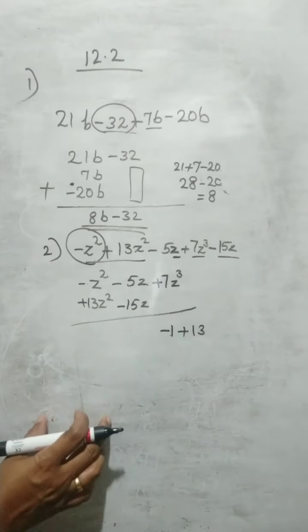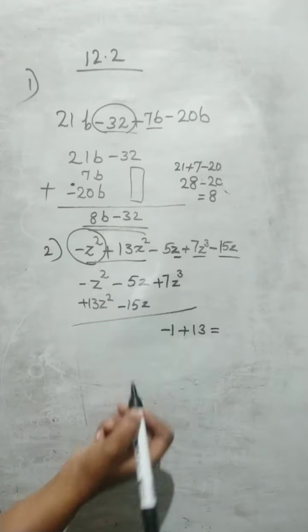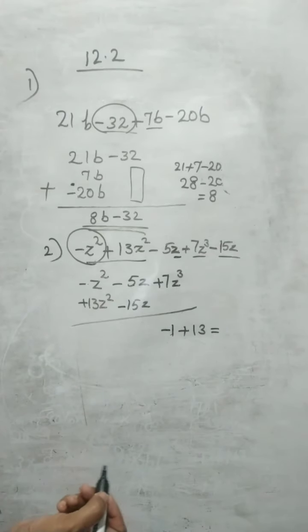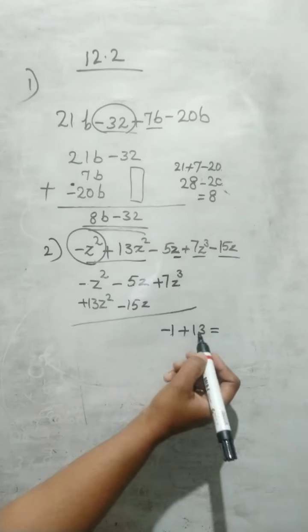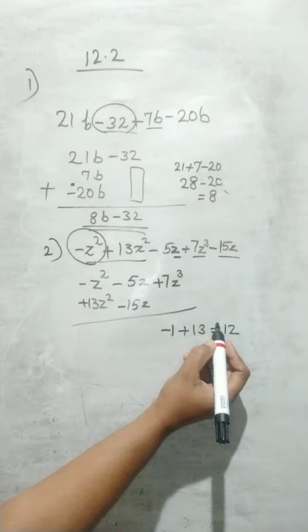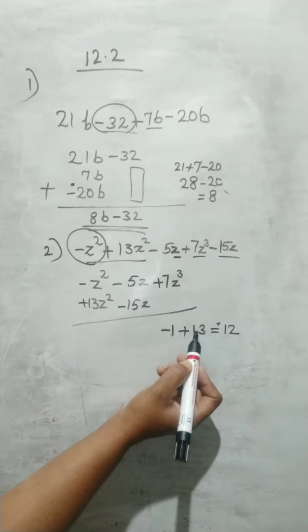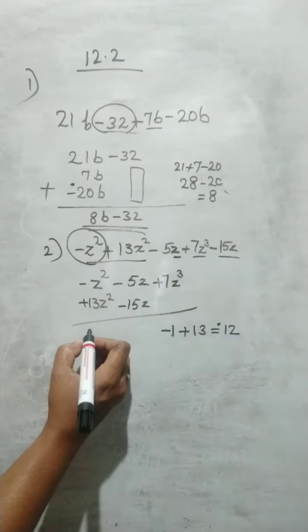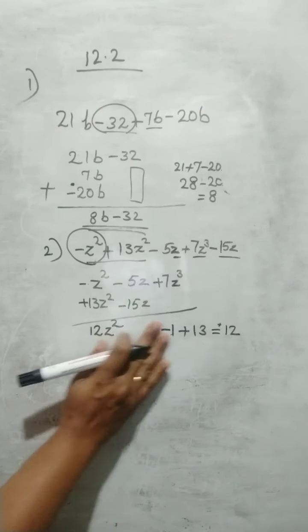Here one is a negative integer and another is a positive integer, so we have to subtract these two. Minus 1 plus 13 is 12. The sign is positive because the greater number is 13 and its sign is positive. So positive 12z square.